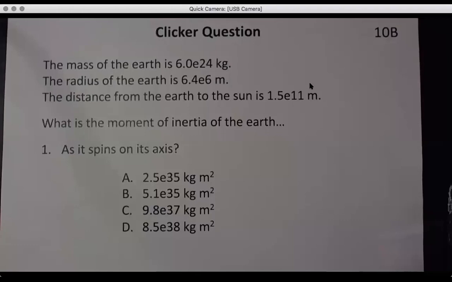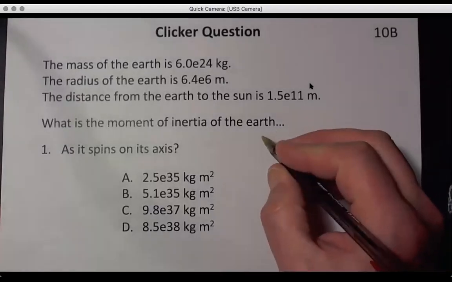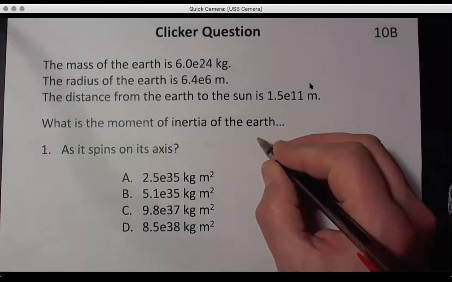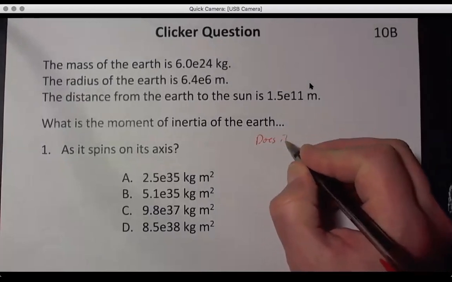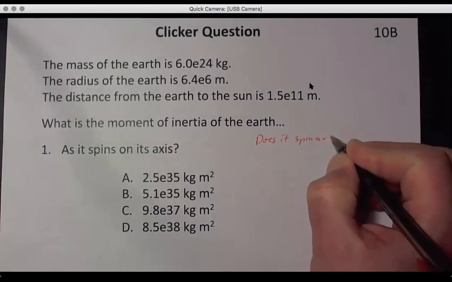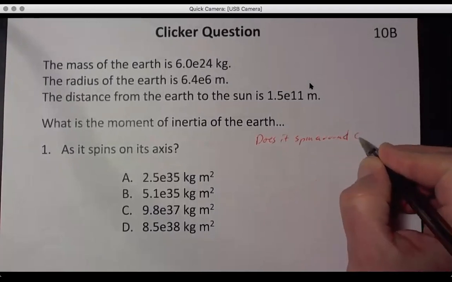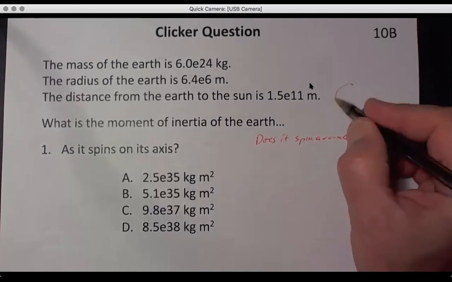So when we're doing how it spins on its axis, we have to ask the question of which of those formulas we should use. Well, first, does the Earth spin around its center of mass? And of course, there's the Earth, right?